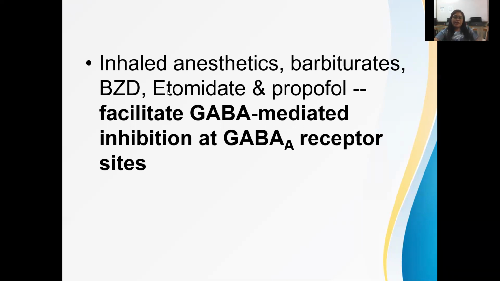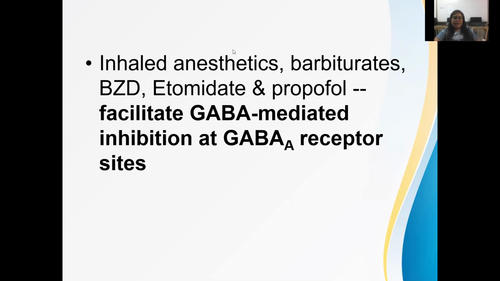The same thing with etomidate and propofol. Silang duha pod are intravenous anesthetics. Kani silang tanan, ang ilahang mechanism of action is the enhancement sa effect sa GABA.